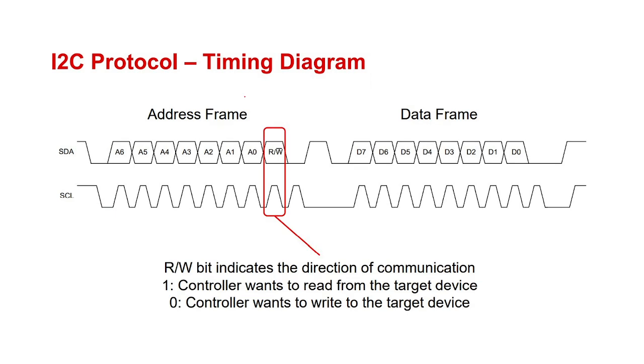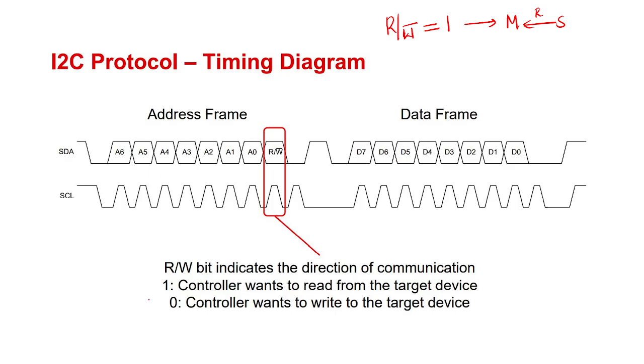And next, the read by write bar signal. This signal indicates the direction of communication. If it is 1, the controller wants to read the data from the target. Read by write bar equal to 1 means the master should read the data from the slave, it should do the read operation.